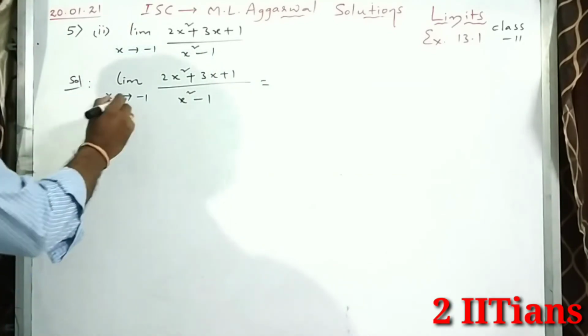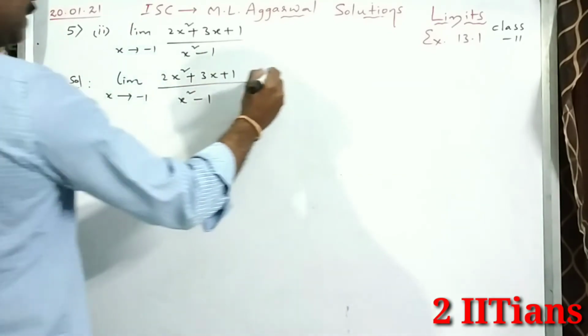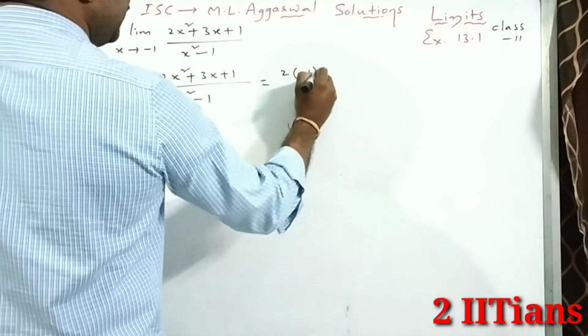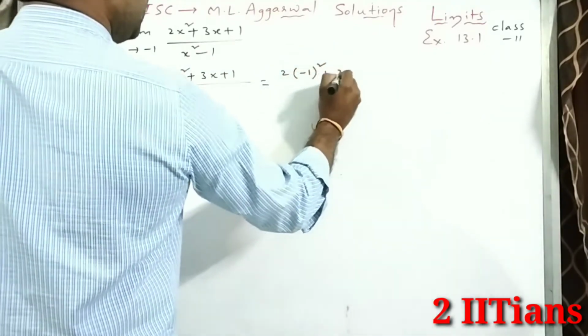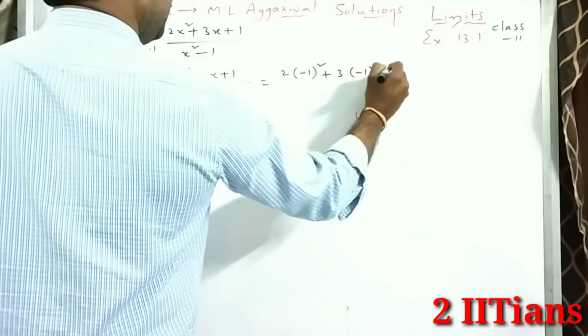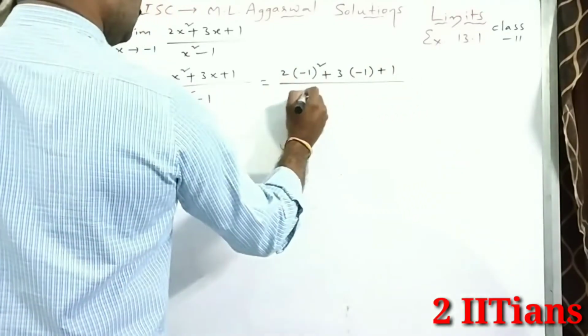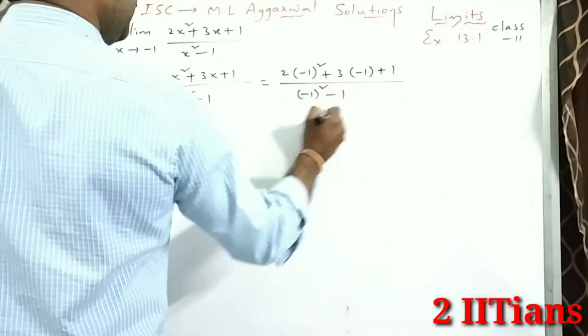In the place of x, replace minus 1. 2 into minus 1 whole square plus 3 into minus 1 plus 1 upon minus 1 whole square minus 1.